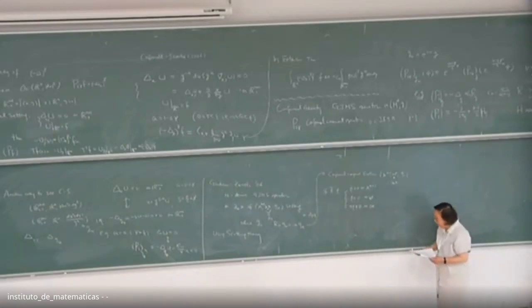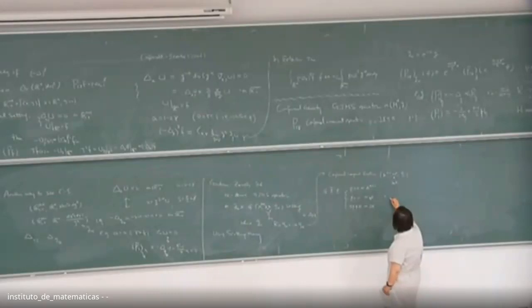And if there exists such that rho square times this G plus is compact.